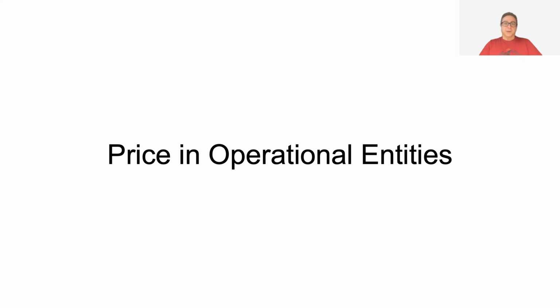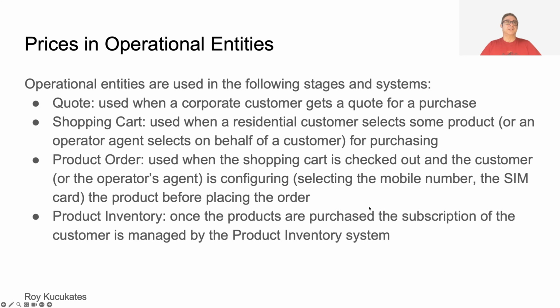Let's come to the price in operational entities. This is a different type of schema that is instantiated in a product offering, in a product inventory or quote or shopping cart, or product order, because the product offering price is part of the product offering, which is a catalog entity.